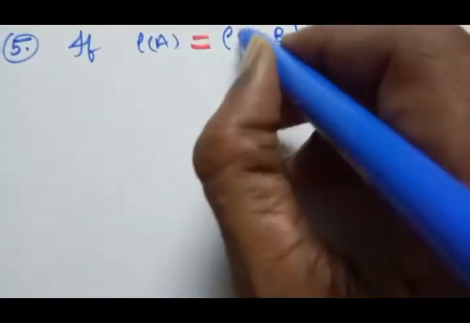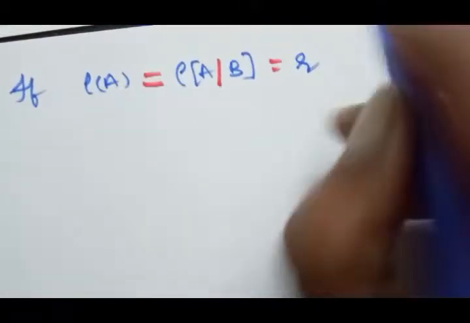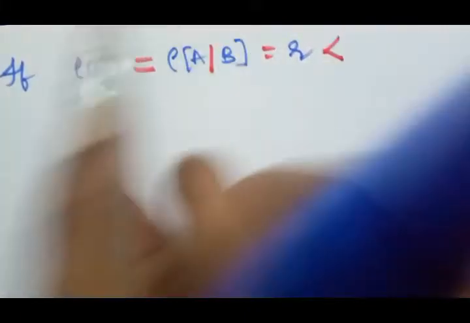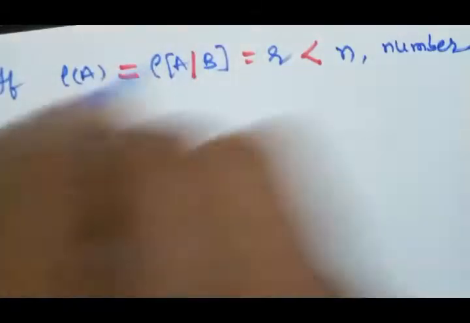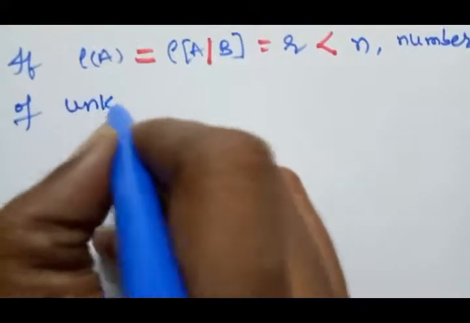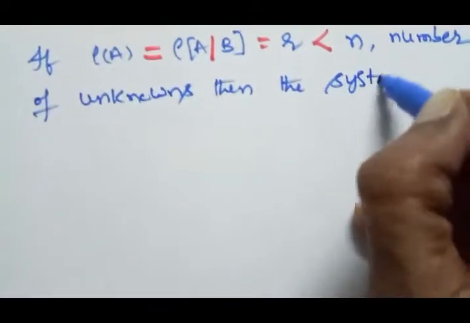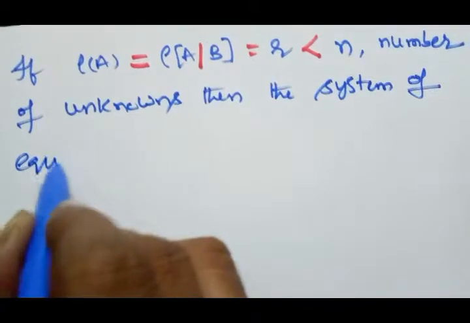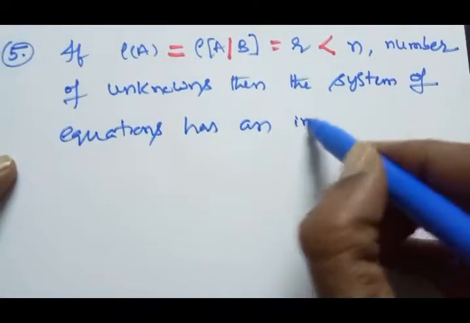And fifth one, if rank of A is equal to rank of augmented matrix [A, B] is equal to r, which is less than the number of unknowns, then the system of equations has an infinite number of solutions.